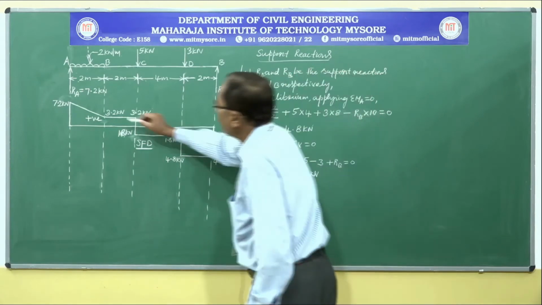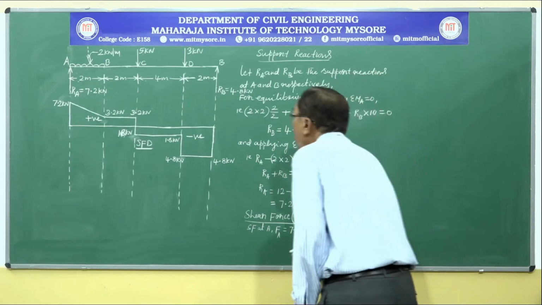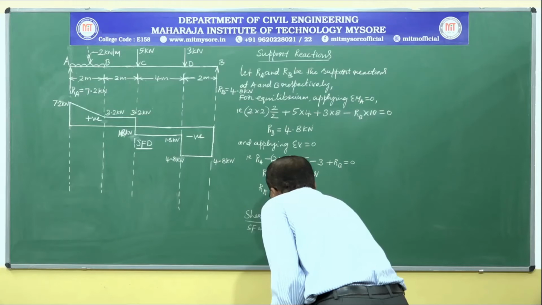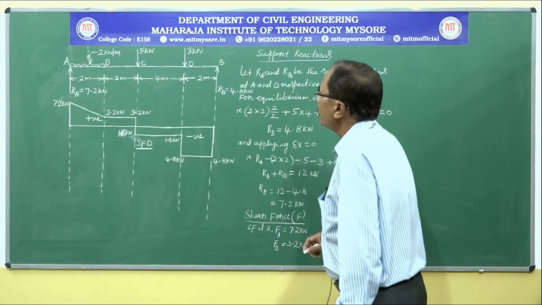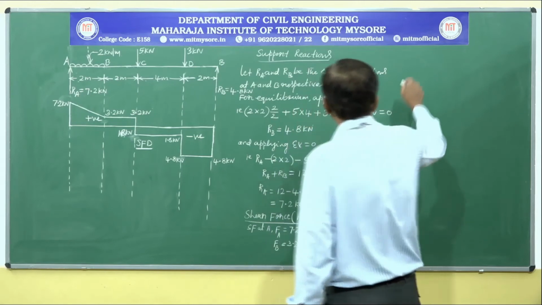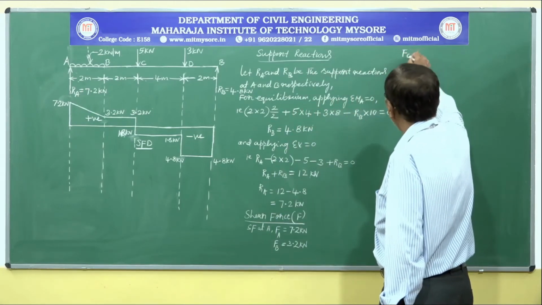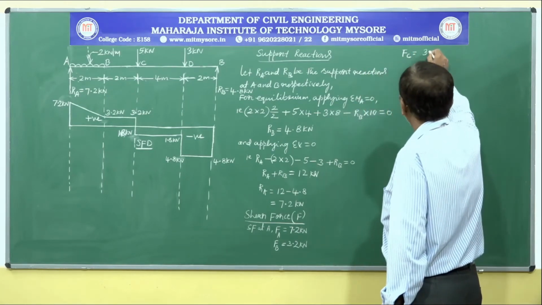Shear force at B, again above the reference line, positive, FB 3.2 kilonewton. Next, shear force at C, again above the reference line, FC 3.2 kilonewton.